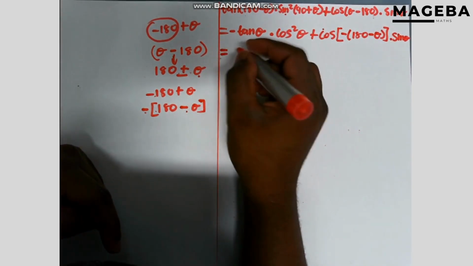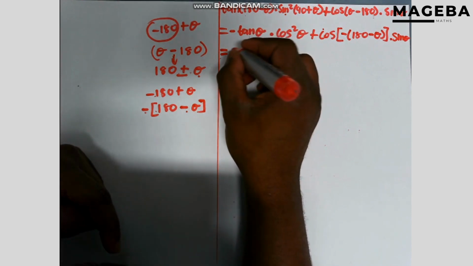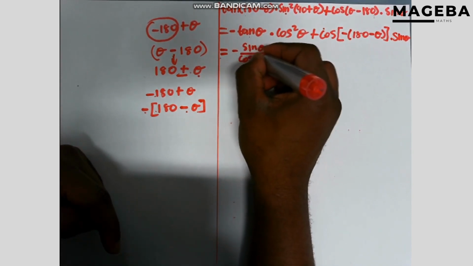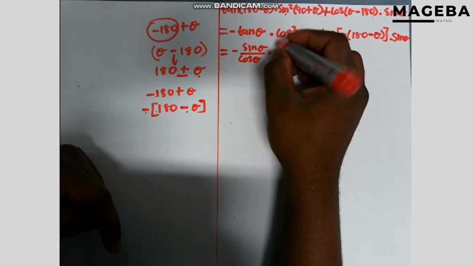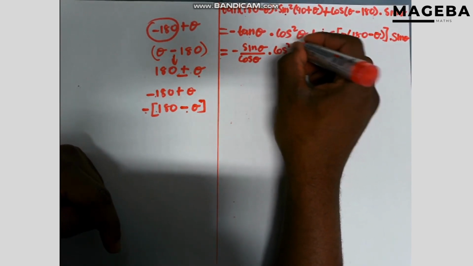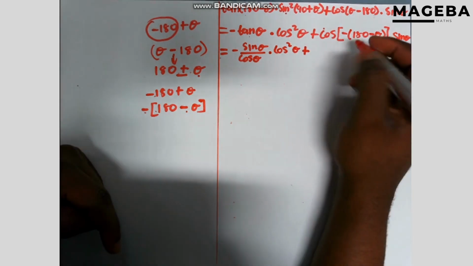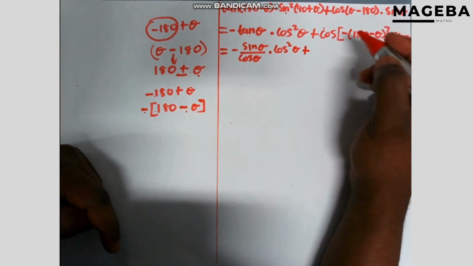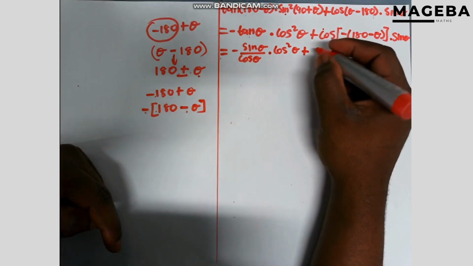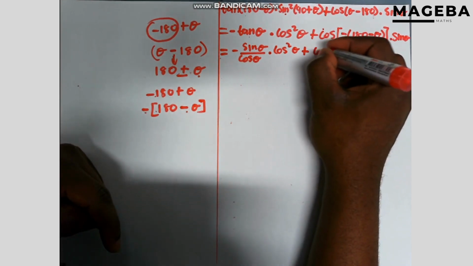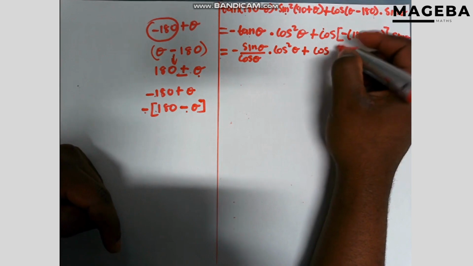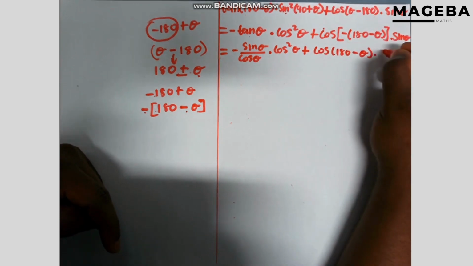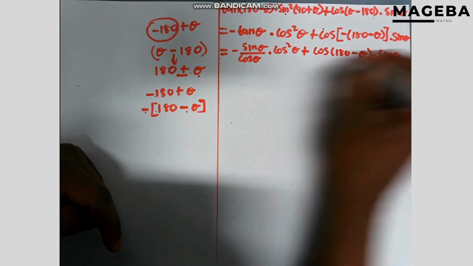And from here we know that tan is sine theta over cos theta, and then times this, which is just cos squared theta. And then plus cos of this negative here. Cos of a negative angle, it's what? Cos is positive, so it's just going to be cos of 180 minus theta, and then times this sine theta.